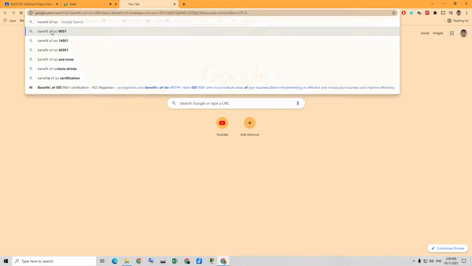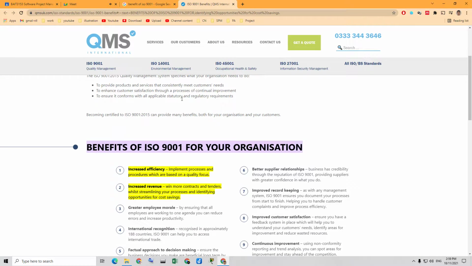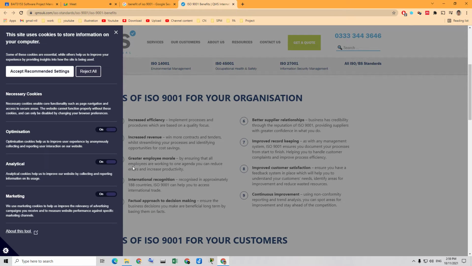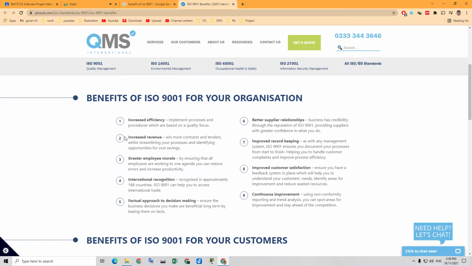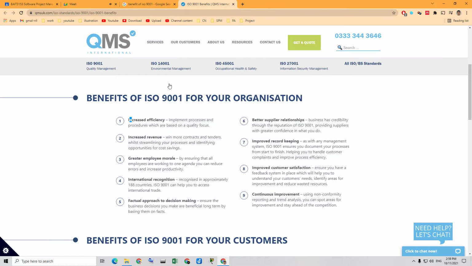Elwin, Nathan, Jeremiah, Solomon, Ivan, Celine, Lim. Good trust between customer and organization. Now we have a different answer. Yeah, good. Clearly define standard and requirement.